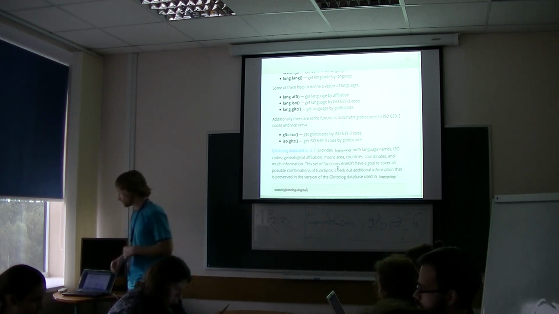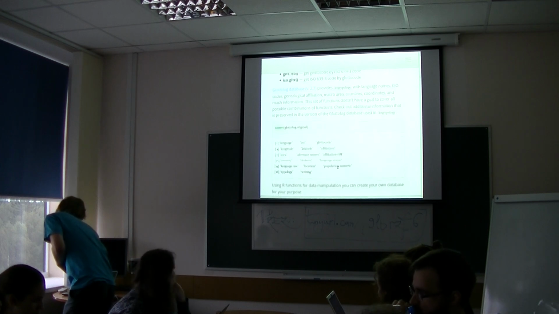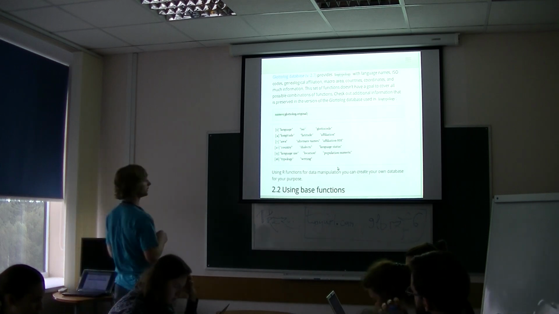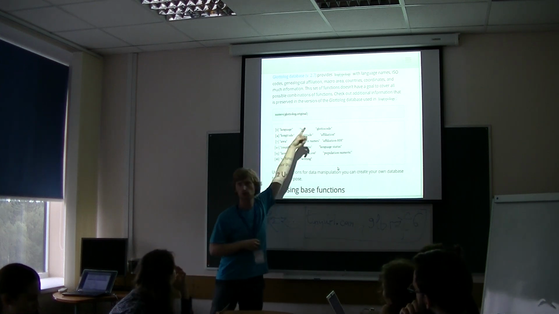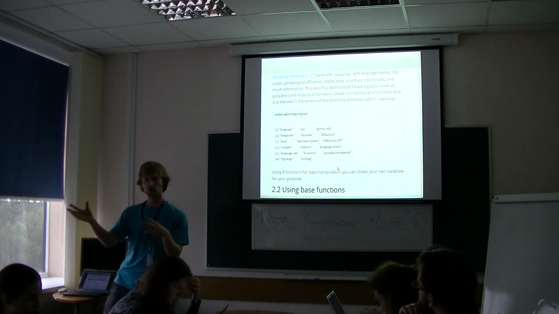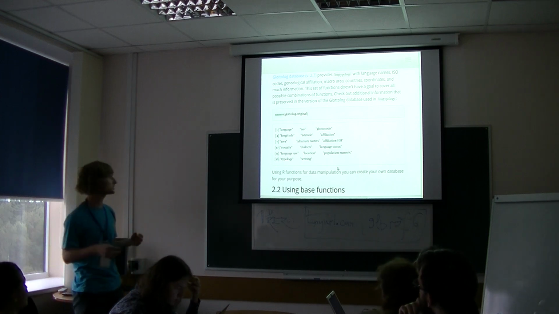So what is the Glottolog database that's provided by the lingtypology package? There is something called Glottolog original or Glottolog modified, because I changed something in the Glottolog database for my purposes.